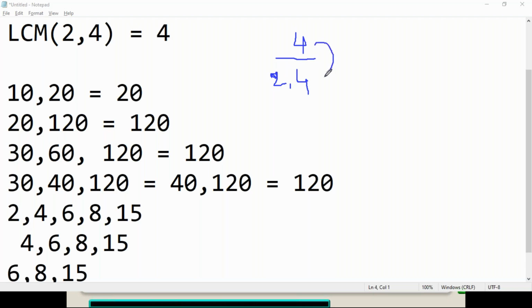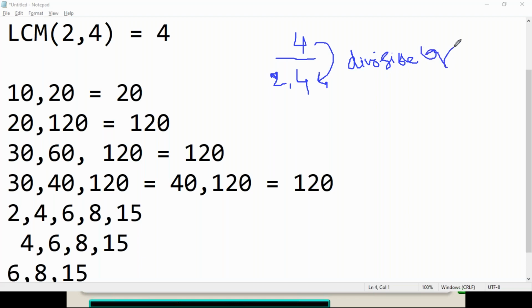Is it correct? Correct, sir. 4 is divisible by 2, 4. So here divisible means always the numerator part. Indirectly, in example point of view, the meaning of divisible is LCM.